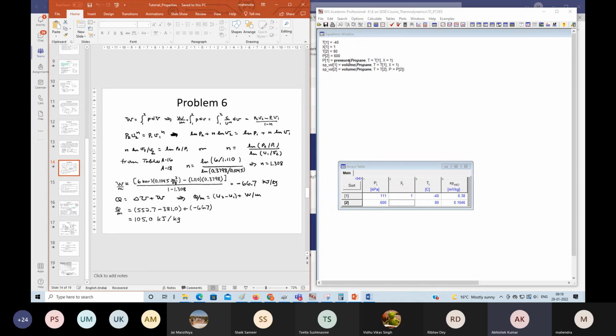Now we know everything. P1 we have calculated here, and P2 is given in the problem. And V1, V2 just now we have calculated over here.